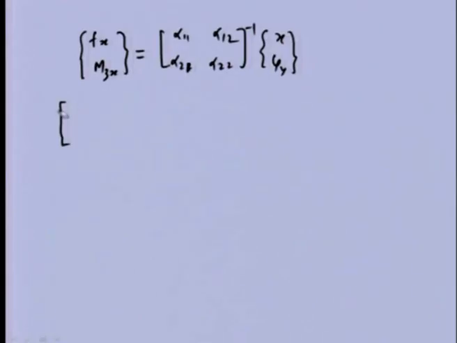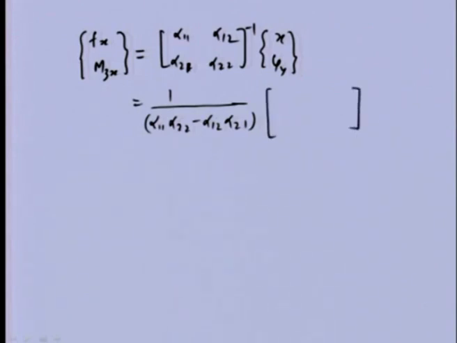This particular matrix we can invert. The inversion is 1 over alpha 1 1 alpha 2 2 minus alpha 1 2 alpha 2 1, which is the determinant of this matrix, and we need to change the position of the influence coefficients.